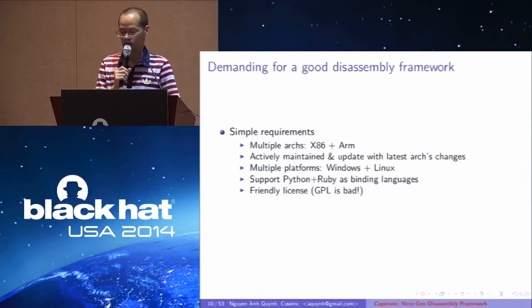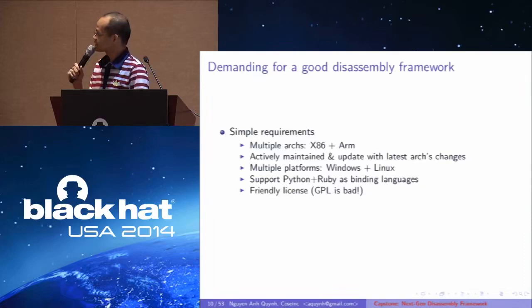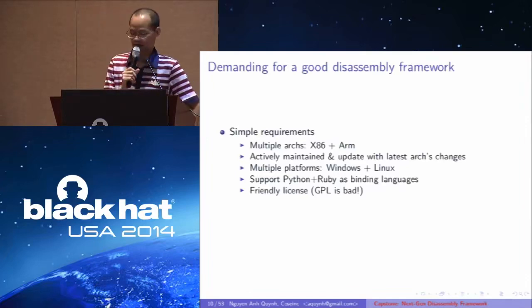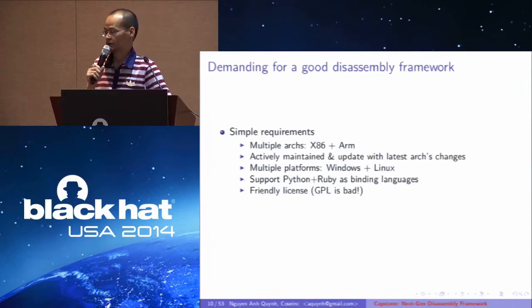And if the framework doesn't update, it's not good. And again, I want multi-platform. Last year, I wanted Windows and Linux, and I developed my program in Python and Ruby, so I wanted Python and Ruby as binding languages. And again, as I explained, I don't want GPL. I want something more friendly, more permissive.